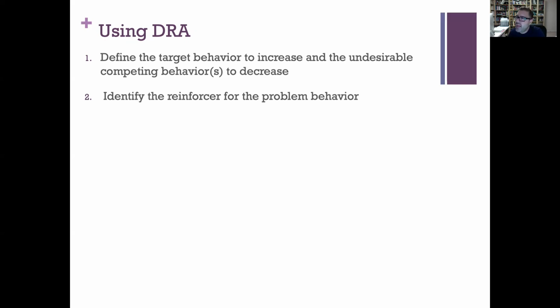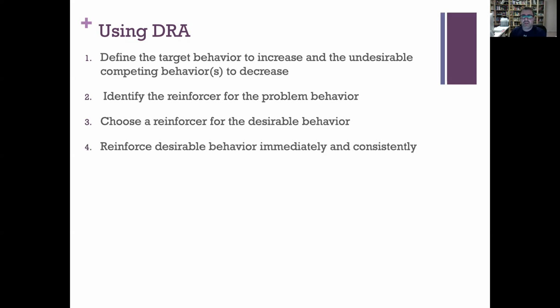And how do you do that? Functional assessment. Then you have to choose a reinforcer for the desirable behavior. Ideally, it is the same reinforcer that maintains the problem behavior.